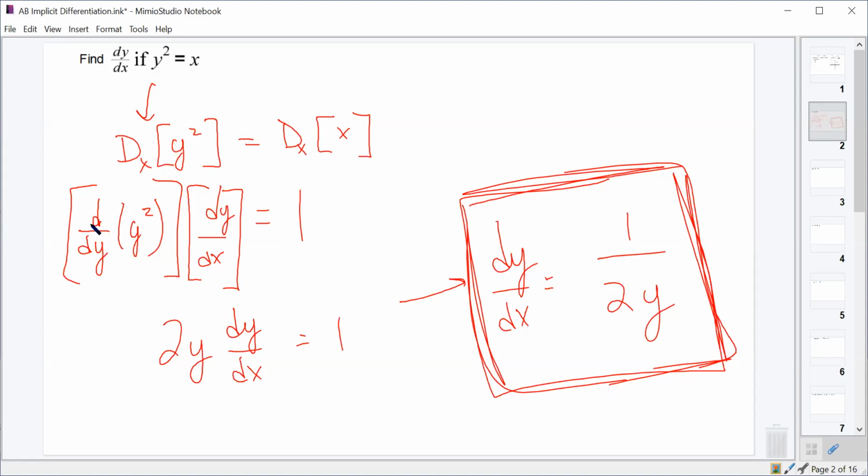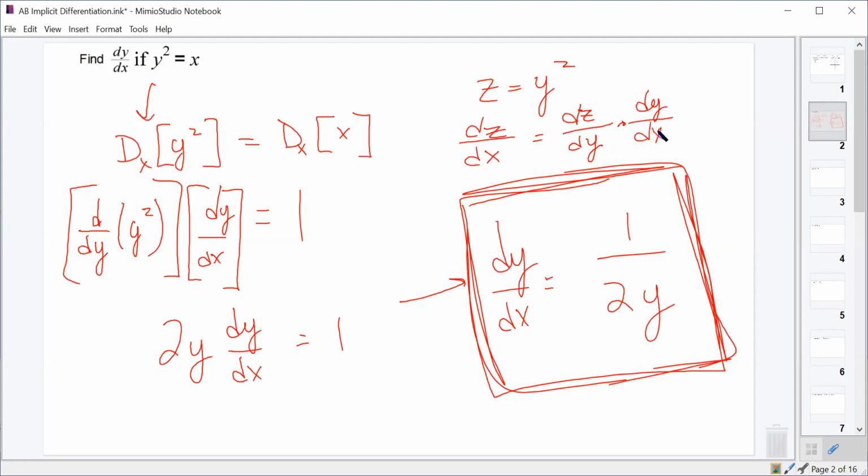So we could write it out as something like, let's say that u is equal to y. Let's try this way. Let's say that our function is z equals y squared, and we want to find dz dx. Okay, dz dx should be equal to dz dy times dy dx.